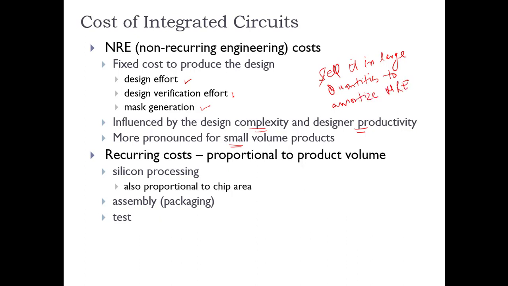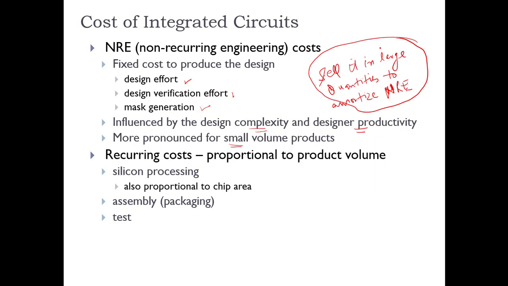So you want to balance the NRE cost, and the only way you can balance the NRE cost is to sell a lot of products. And that's how the large companies are there. They are in the business because they can sell, and small companies cannot do it.